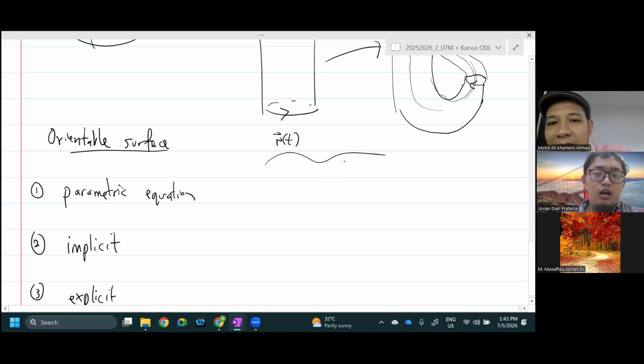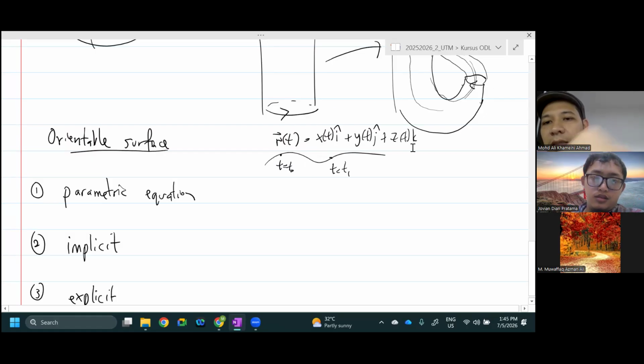So for example, at time t, you have t equal to t0, t equal to t1. Okay. So you are using a vector there, right? Let me make it x(t) i plus y(t) j plus z(t) k here. Okay.